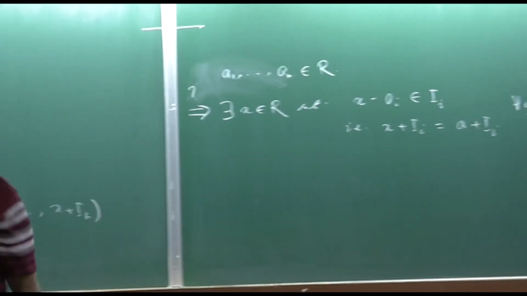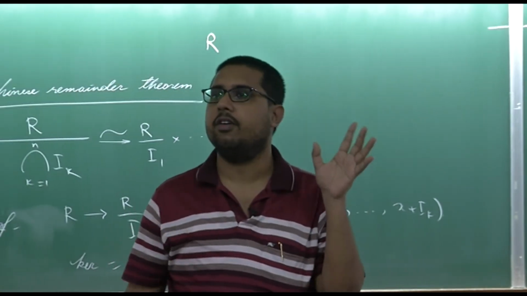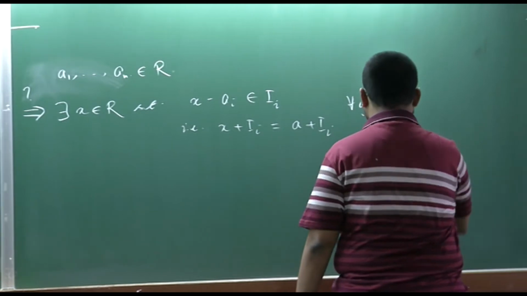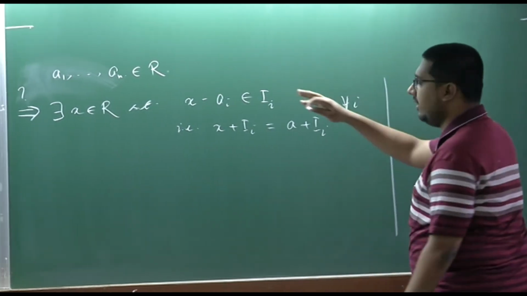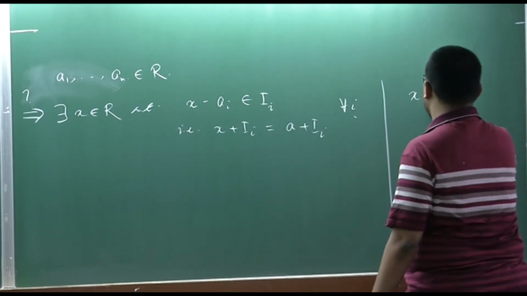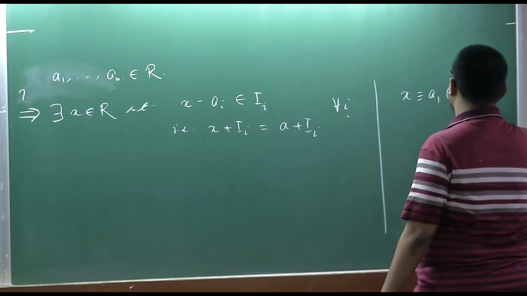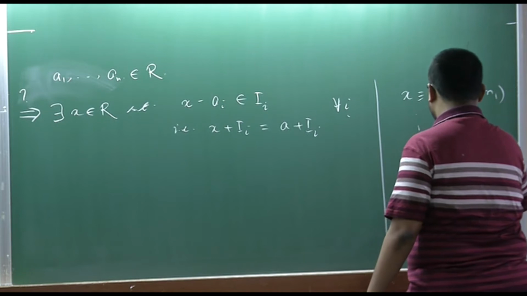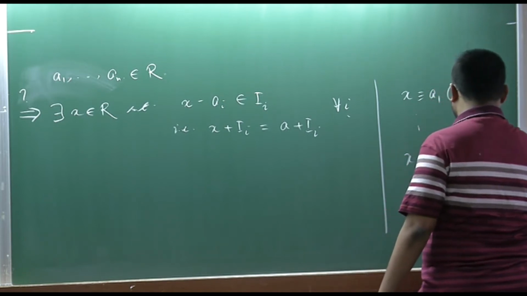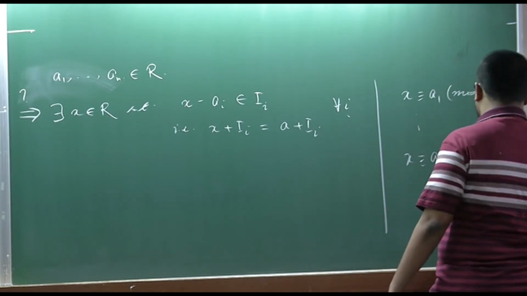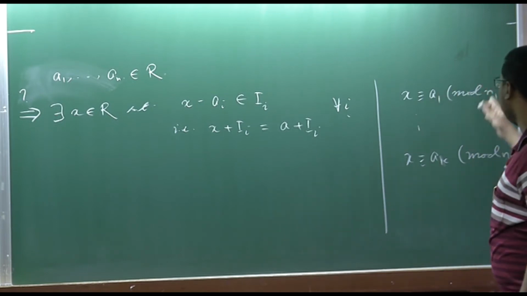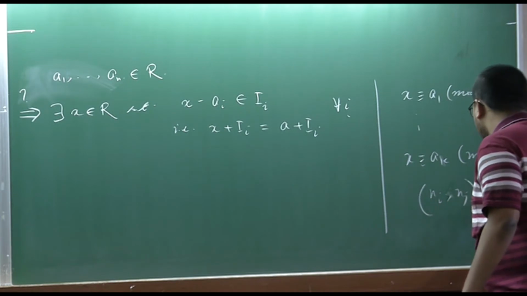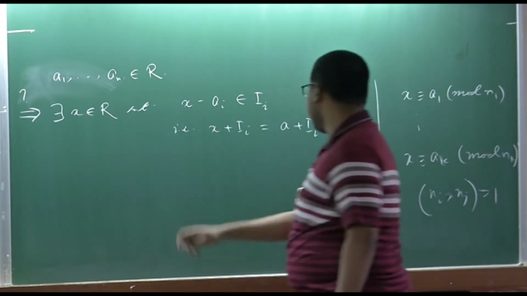Now, you must have recognized why this is to be regarded as the generalization of the Chinese remainder theorem that we have seen for integers. Recall that the Chinese remainder theorem for integers used to say the following: given integers a1 up to ak, there is an x such that x is congruent to ai modulo ni, where each ni and nj are coprime.